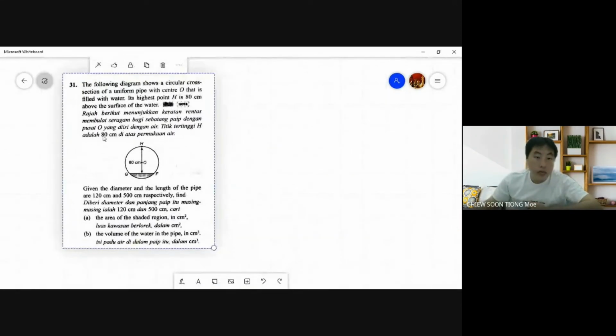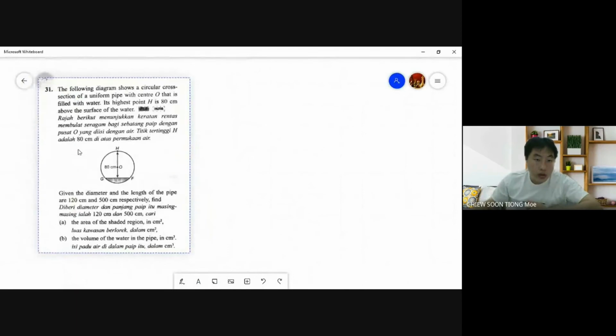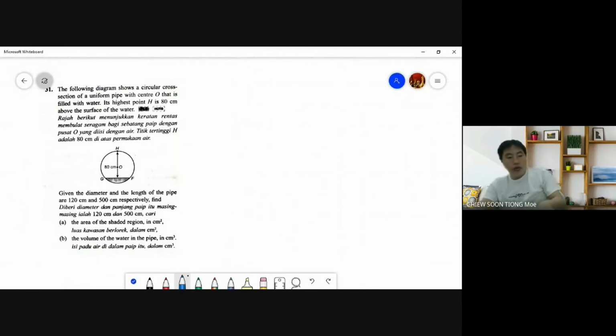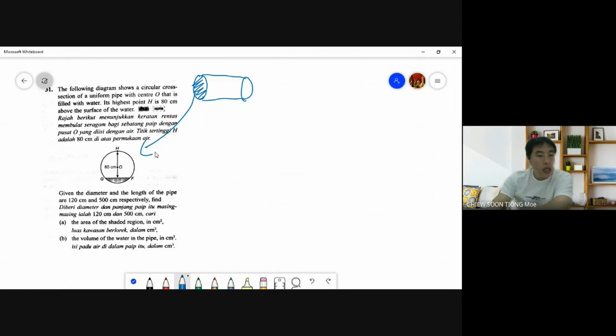Okay, so we go for the next question, question 31. This is the question. The following diagram shows a circular cross section of a uniform pipe with center O. It means you see one part like this, right? So we take this part, and it becomes this.